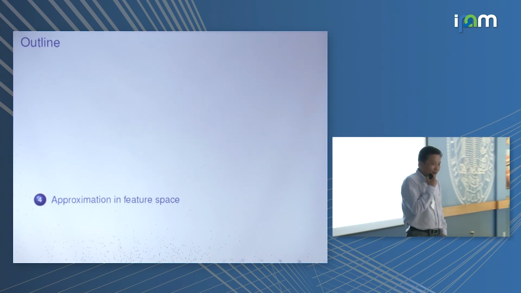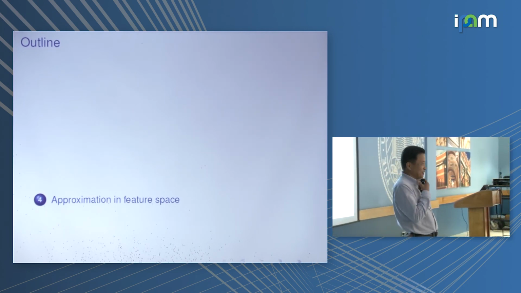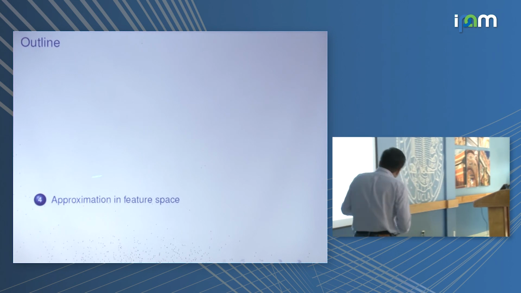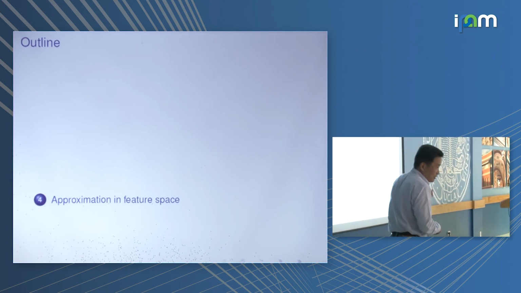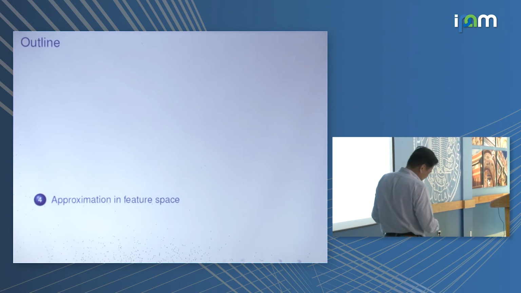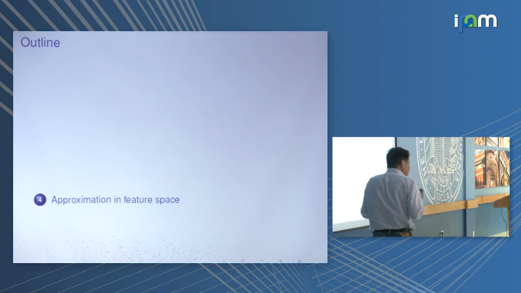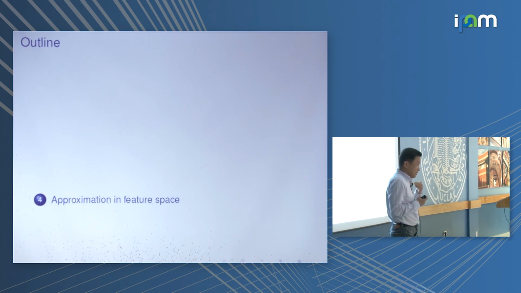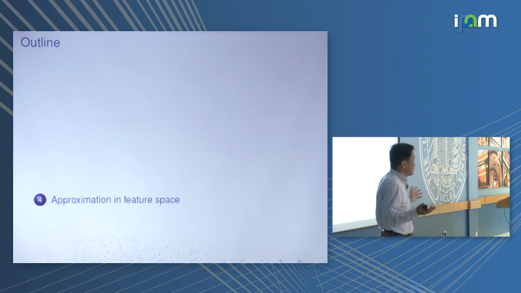Okay. Now back to the classical approximation. In fact, in the feature space, you're still using classical approximation, as I say. So approximation in feature space: so far we're using either linear or piecewise linear, but still you have many rooms.